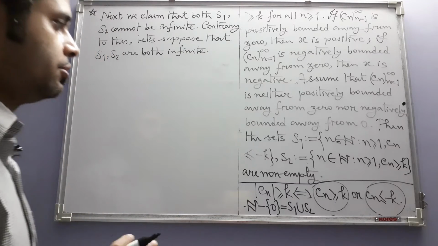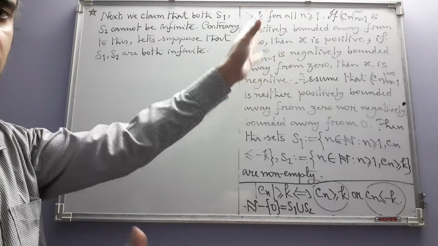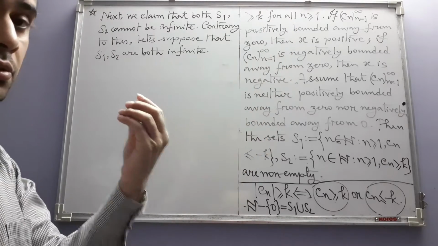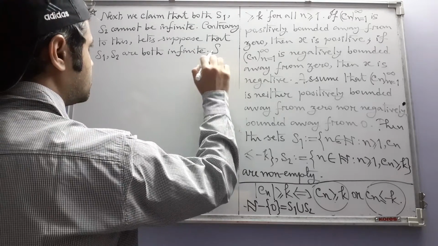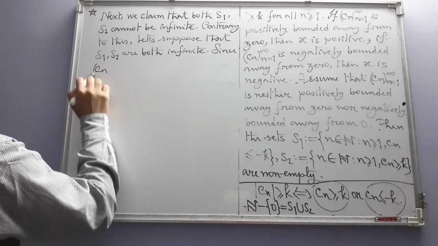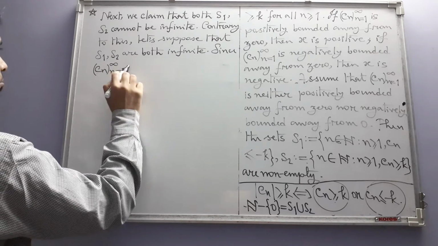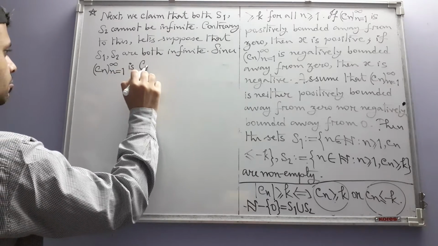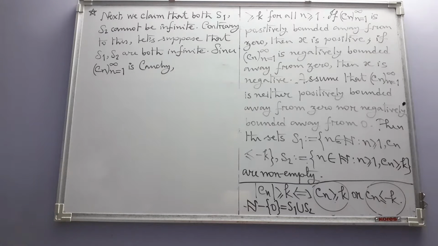We are now going to use the fact that after all, Cn, whatever sequence it may be, it's a Cauchy sequence. Okay. Since Cn is Cauchy, exactly what is it that we have done here?